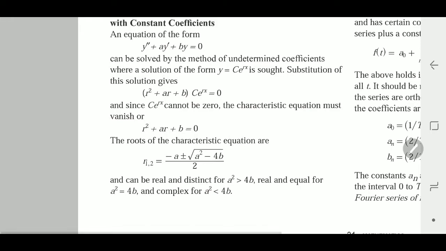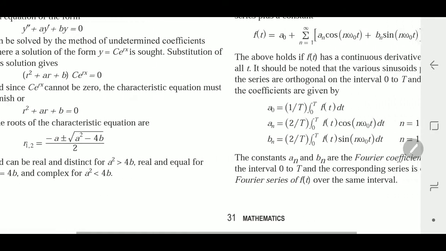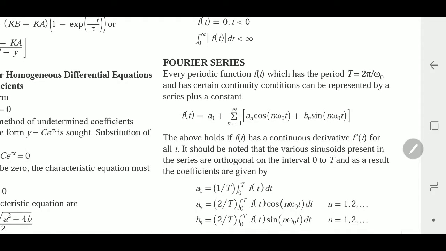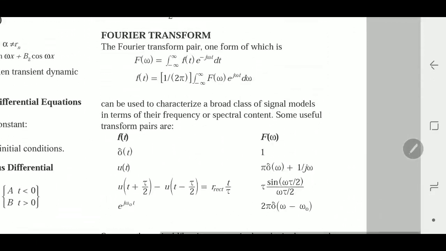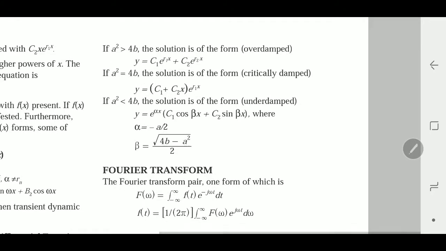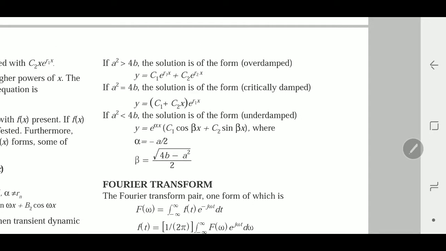My objective is just to show how you can do it quickly. Basically, convert your equation to a general equation. This is where you're going to find it, and I want you to follow along when I solve it on my letter board. Here you have to compare a squared and 4b, so you have three choices.